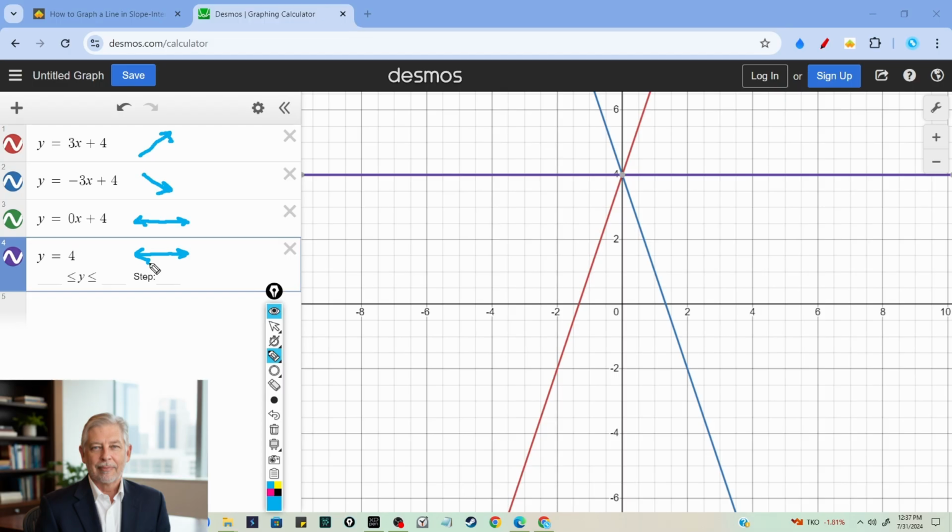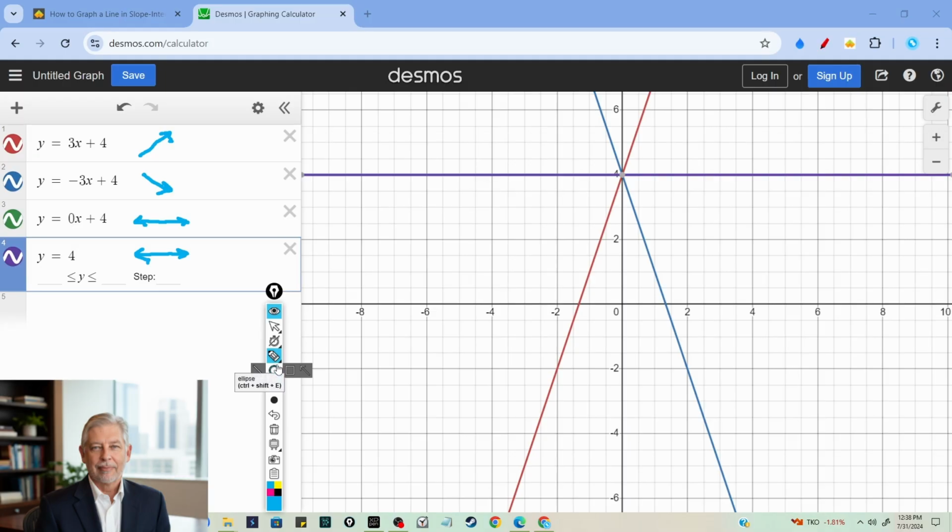What happens if we have a vertical line? We talked about the line that goes up left to right, a line that goes down left to right, a line that is horizontal left to right. Well, how about a vertical line?